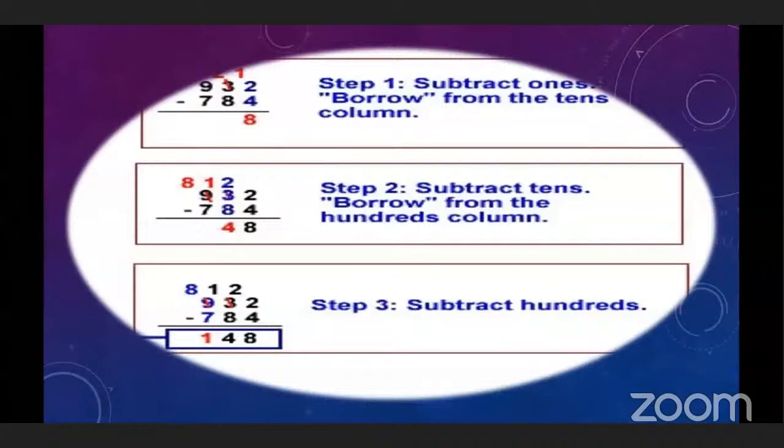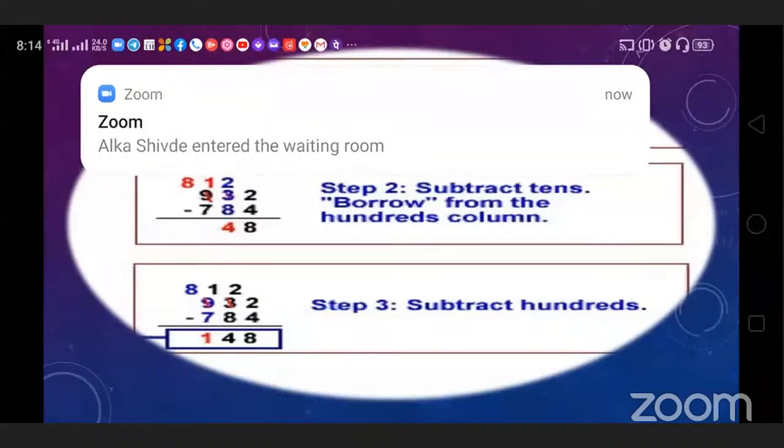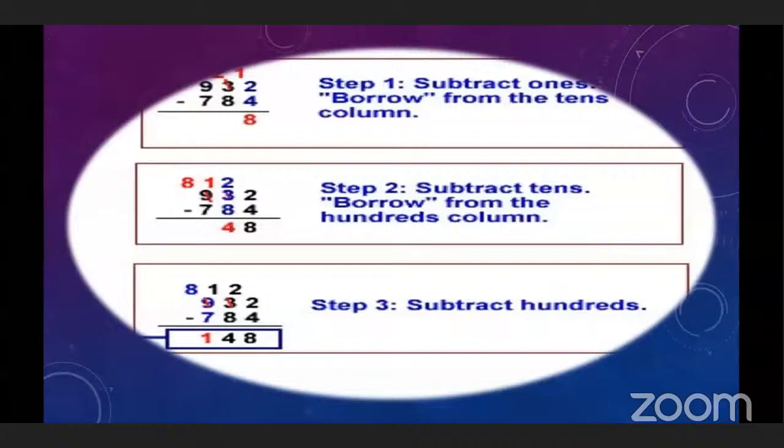So students, for that purpose, here also we have to borrow 1 from the 100. Okay students, we borrow 1 from 100 here. Now we can subtract 8 from 12.